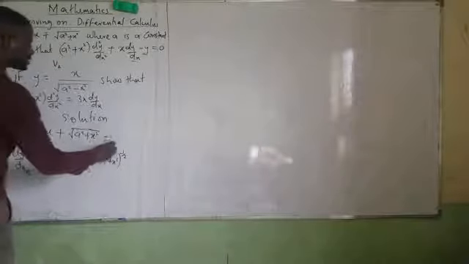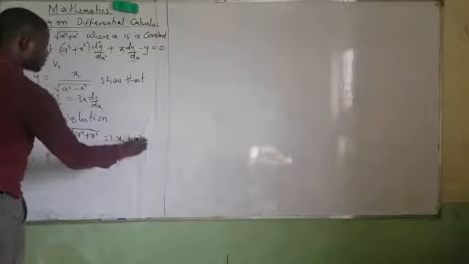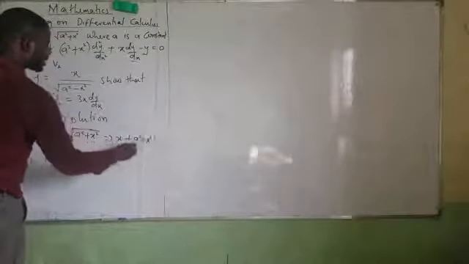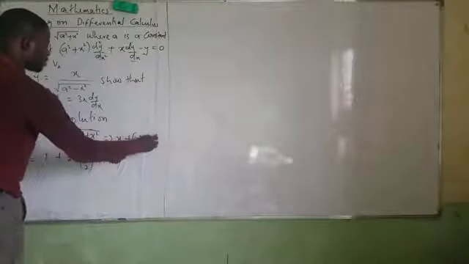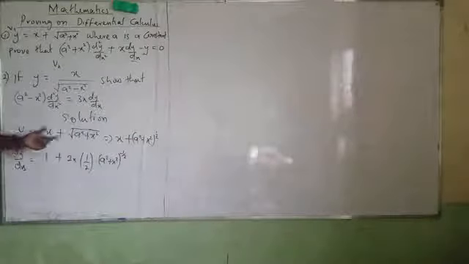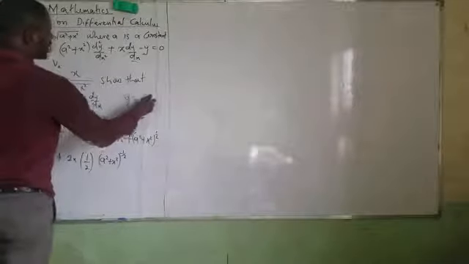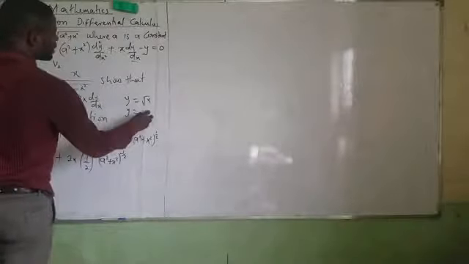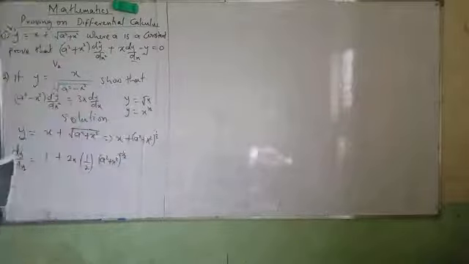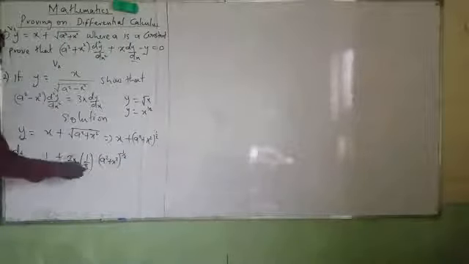I can write this as x plus (a squared plus x squared) to the power of 1 over 2. Now, because we are told that the root of x equals x to the power of 1 over 2, it can also be y to the power of 1 over 2. Take note of that.